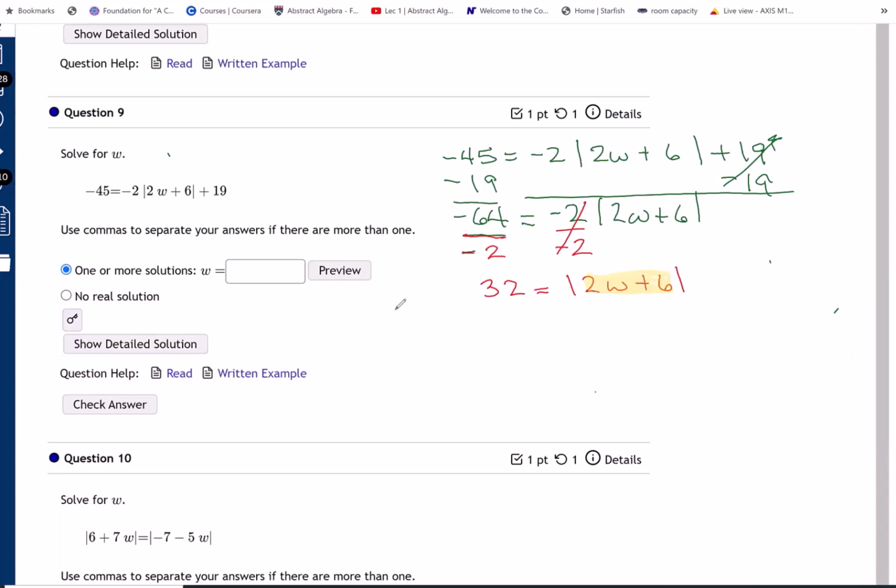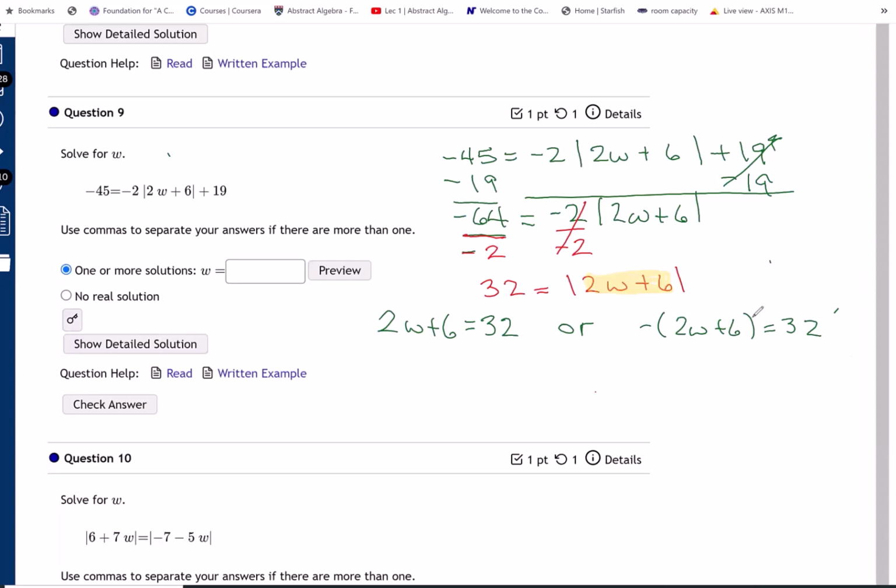I set up an equation that says 2w plus 6 is equal to positive 32, or the negative of 2w plus 6 is equal to 32. Because if I put an absolute value around 2w plus 6 or negative 2w plus 6, they're both positive.